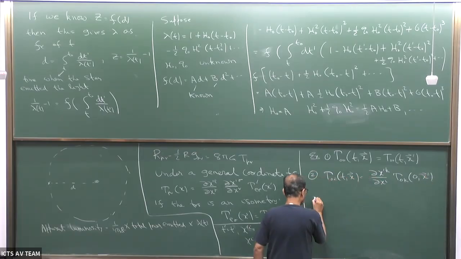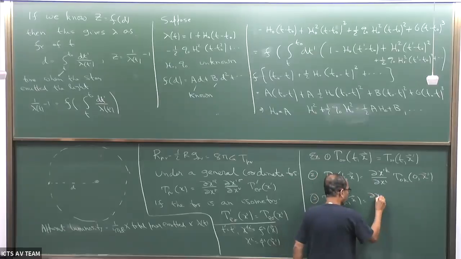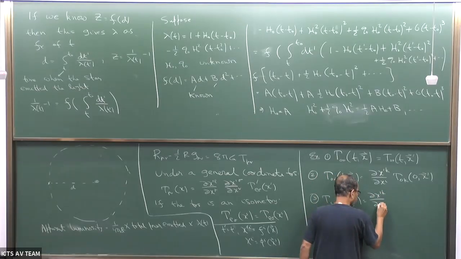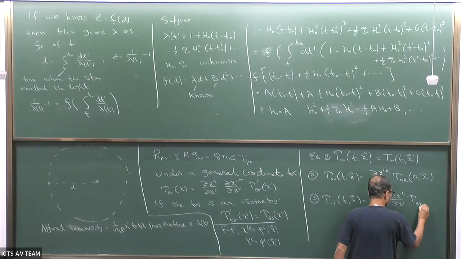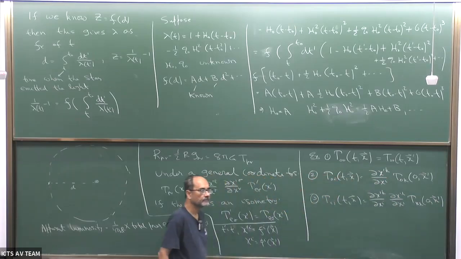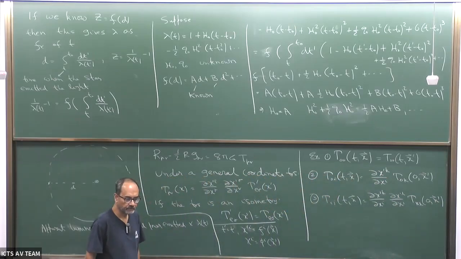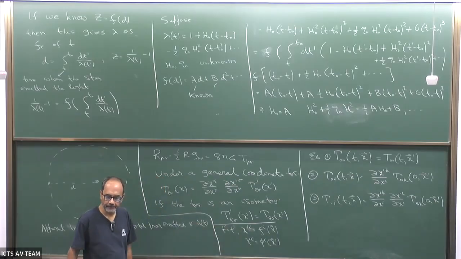And the third is the T ij equation, with del x prime k. These just follow directly from this form of the transformations.